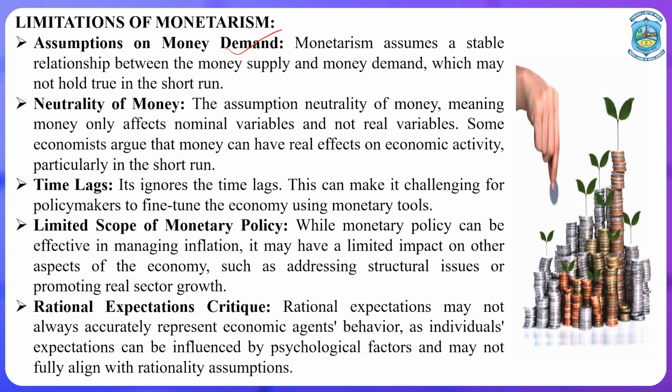Second criticism or limitation of that theory is the neutrality of money. The assumption of neutrality of money means money only affects nominal variables and not real variables. Some economists argue that money can have real effects on economic activity, particularly in the short term.